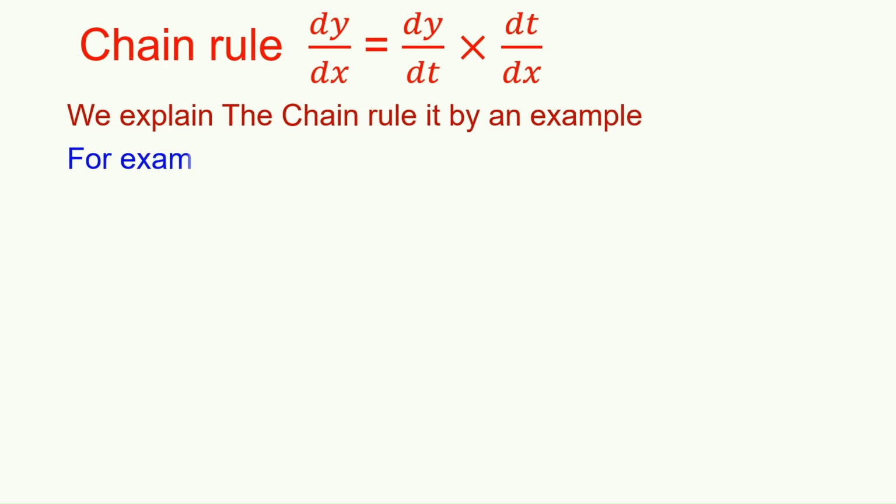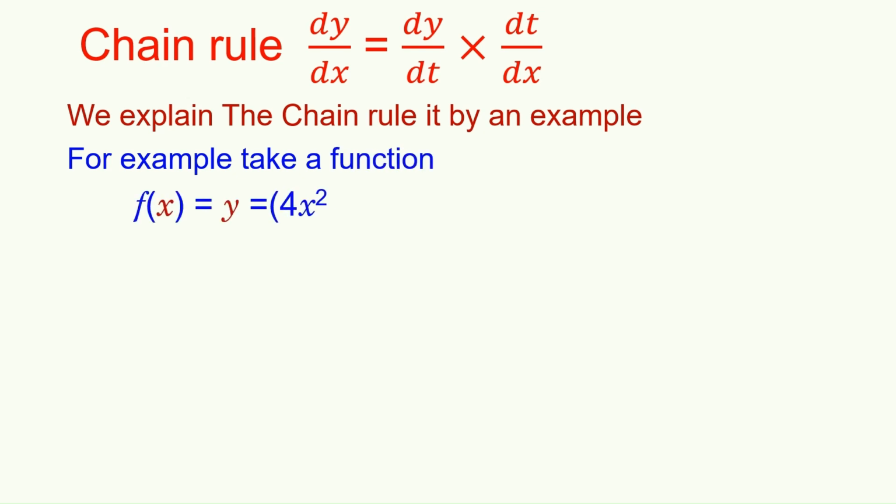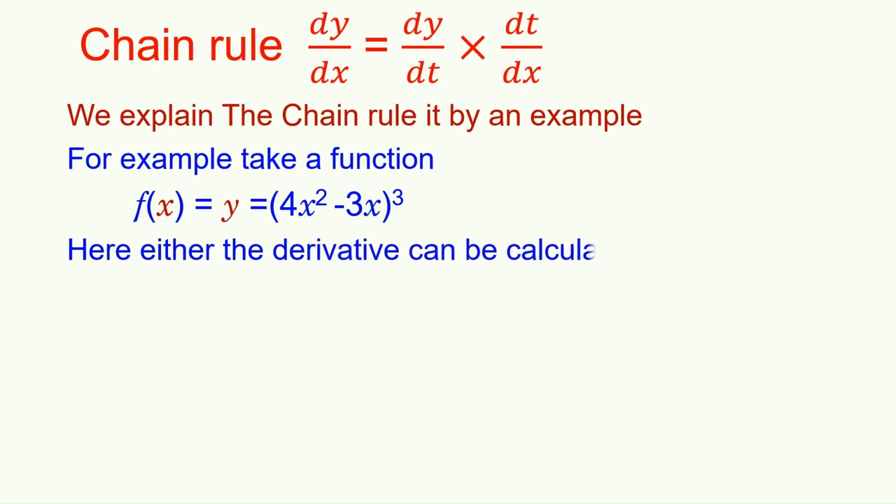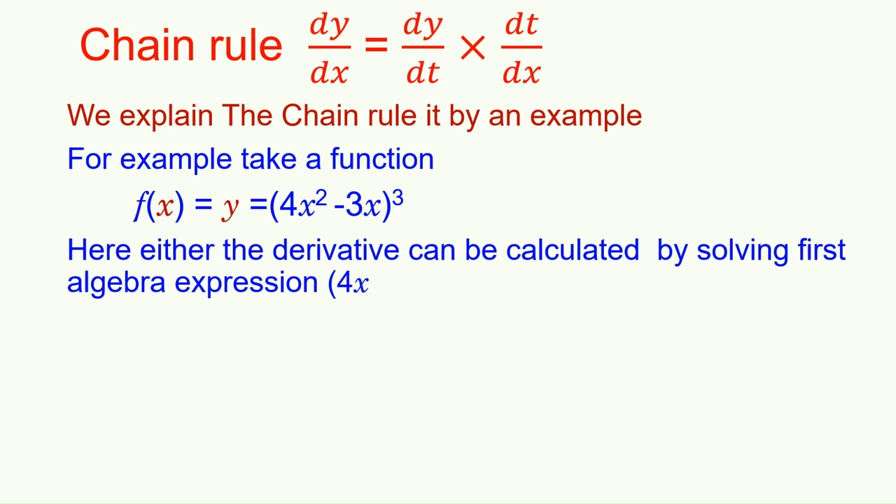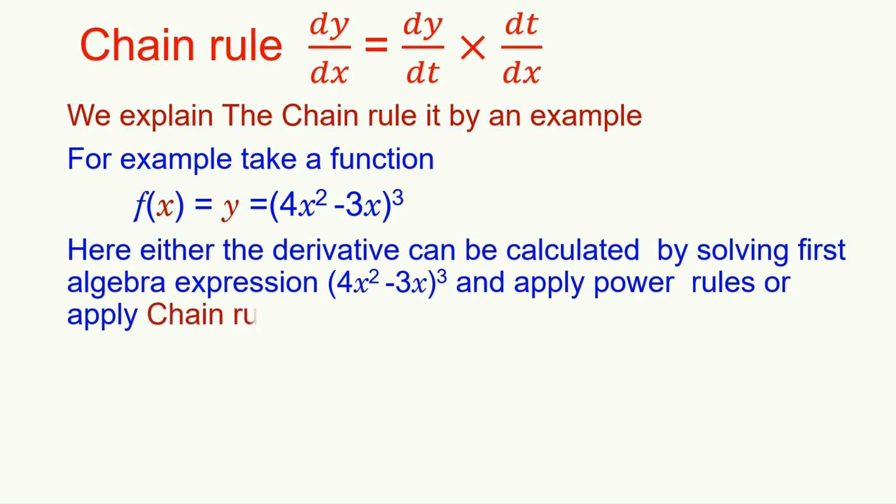We explain the chain rule by an example. For example, take a function of x, y equals (4x squared minus 3x) whole cubed. Here, either the derivative can be calculated by first expanding the algebraic expression (4x squared minus 3x) whole cubed and applying power rules, or by applying the chain rule.